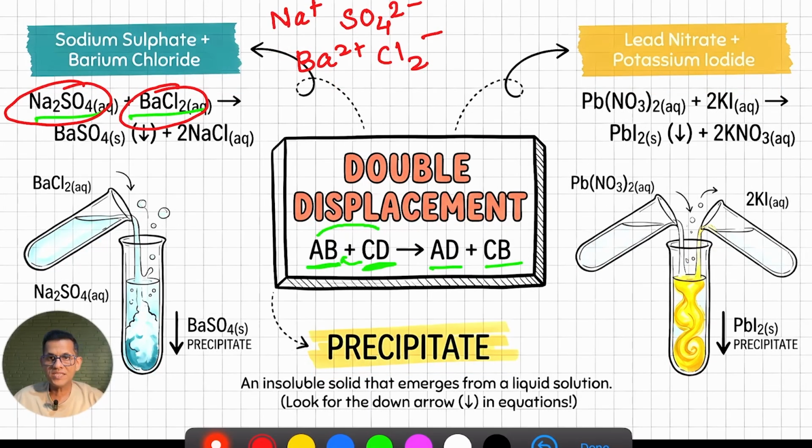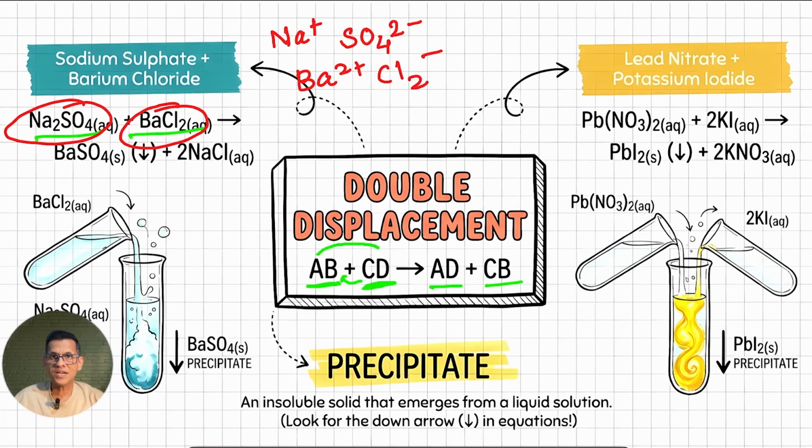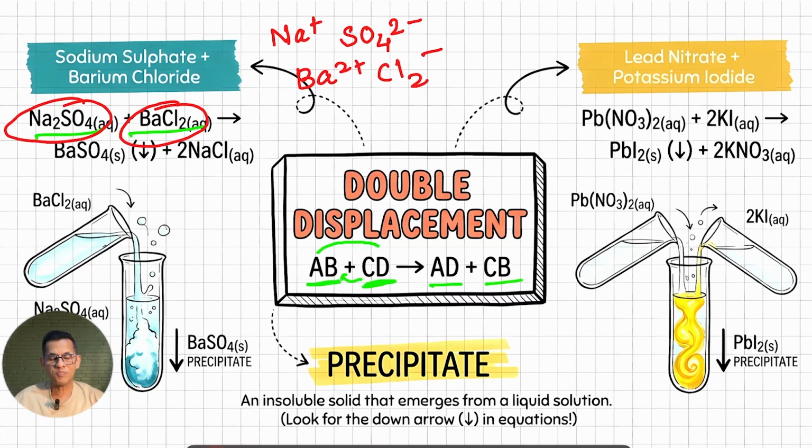Now, when these substances react, they are going to exchange partners, which means sodium, a positively charged ion, is going to split away from sulfate, which is a negatively charged ion, and combine with chlorine, a negatively charged ion from barium chloride, and form sodium chloride.